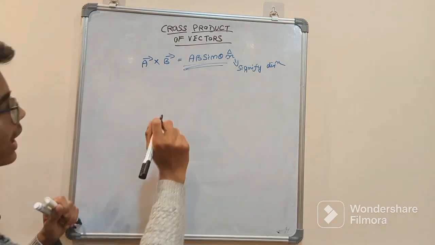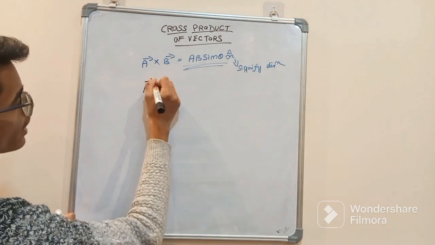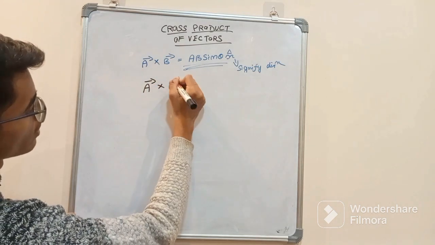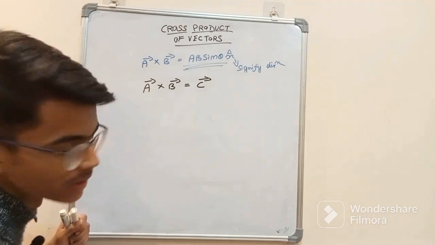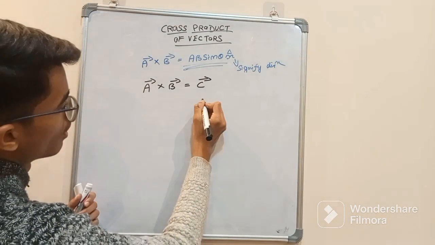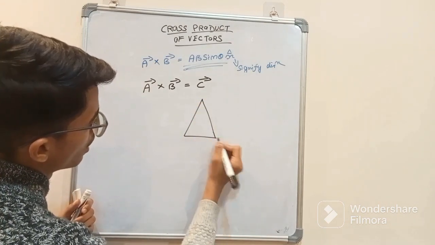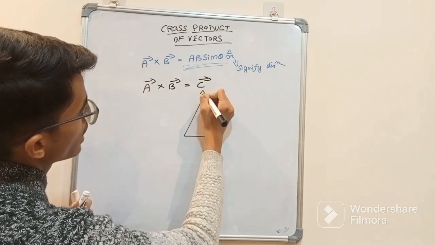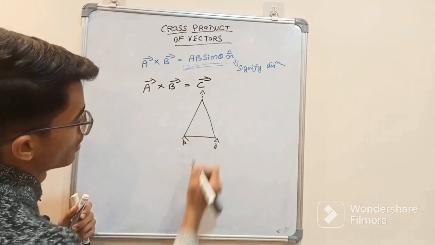Now next, in case of cross product, A vector cross B vector is equal to C vector. Let me explain. Let's say we have a triangle over here. Let's mark i cap, j cap and k cap.